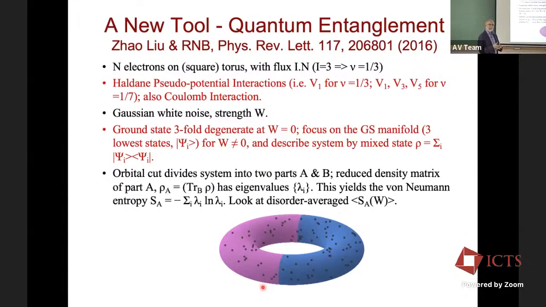We were more interested in trying to locate the transition well and find out critical exponents if we could. And so we just took the Haldane pseudo-potential interaction. That is, Haldane showed that you can write down the interaction in terms of pseudo-potentials with different angular momenta. In this case, V1 is the only one that is needed for the 1/3 state.